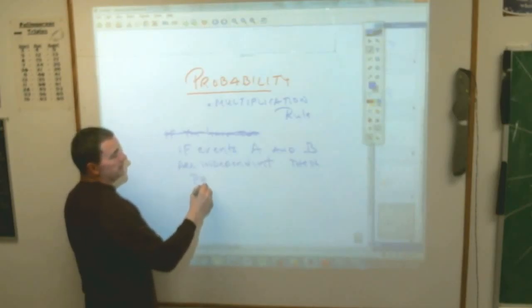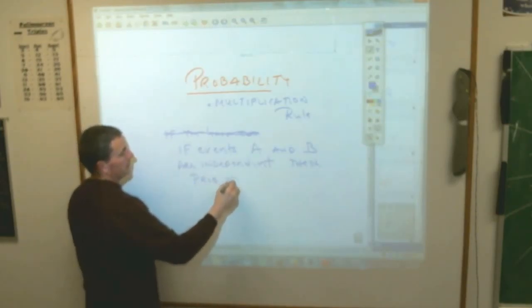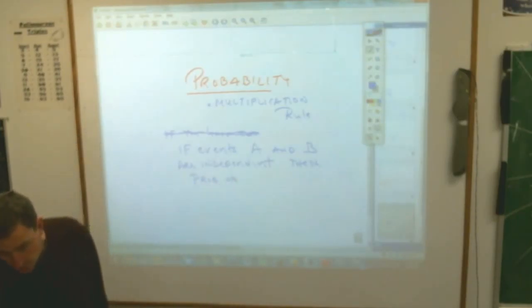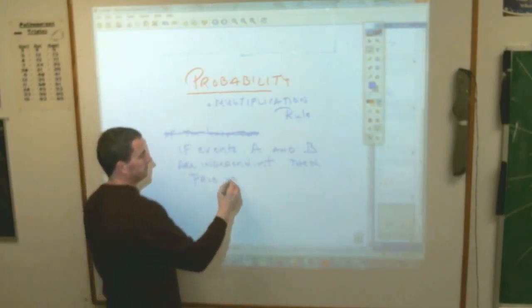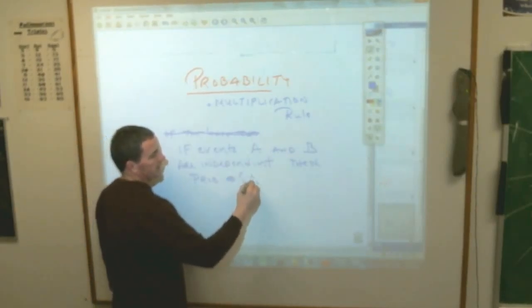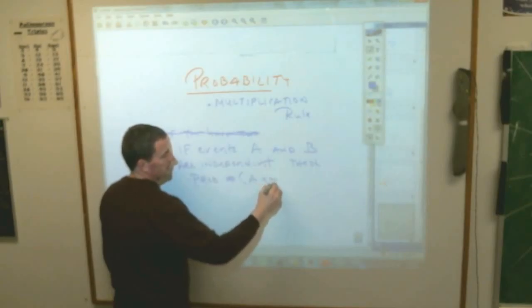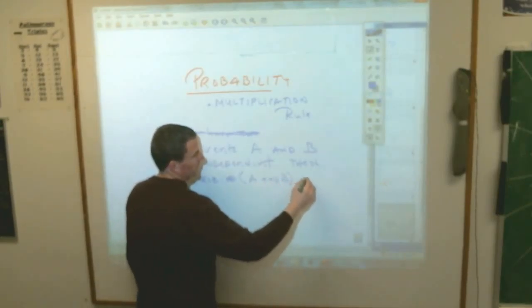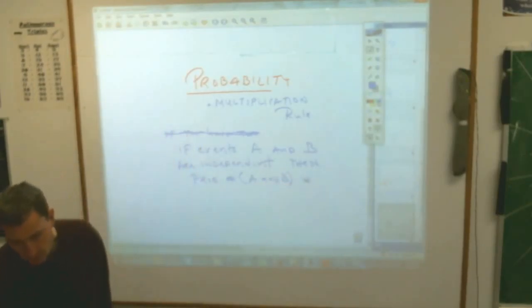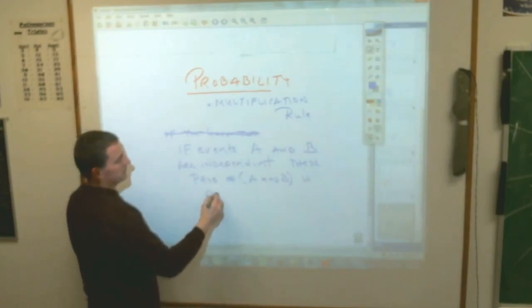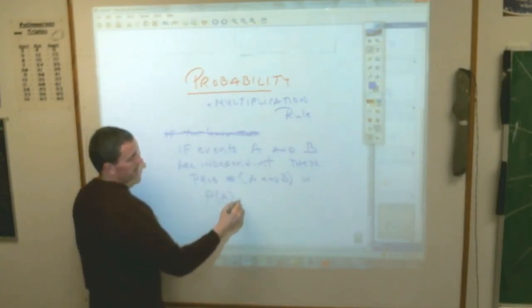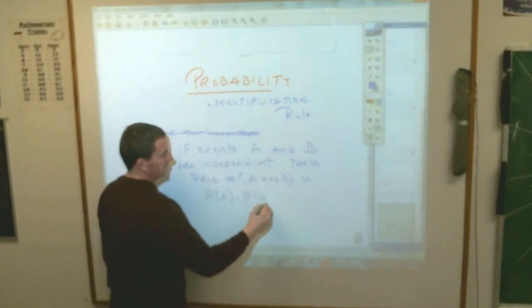The probability of A and B is the probability of A times the probability of B.